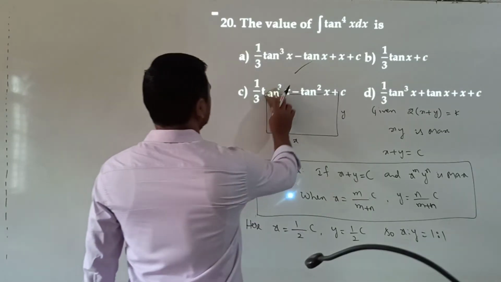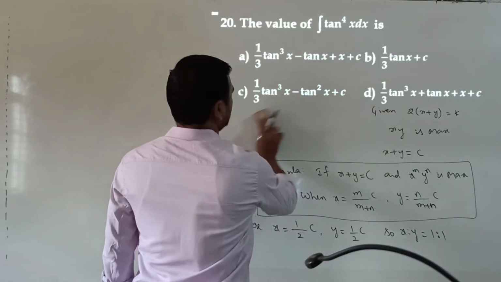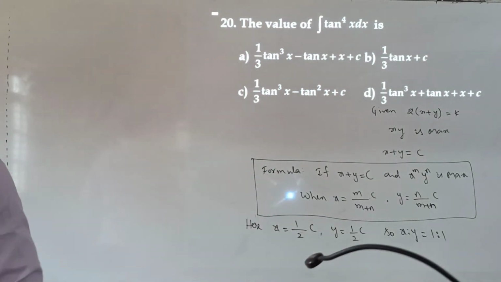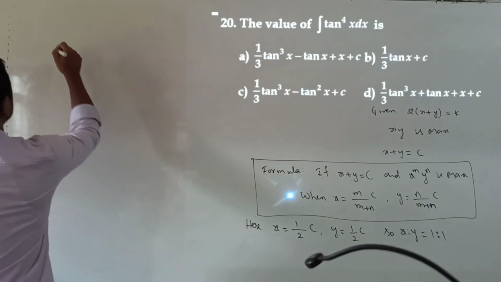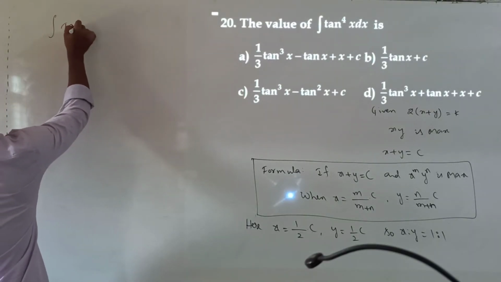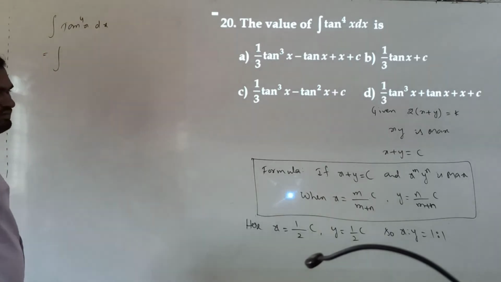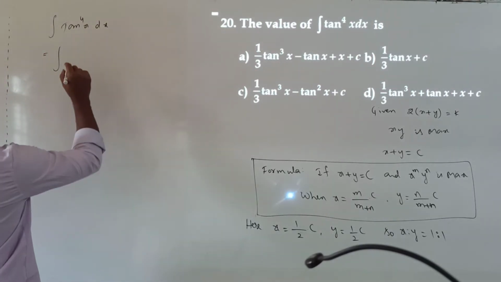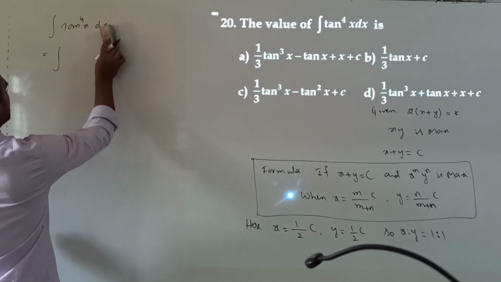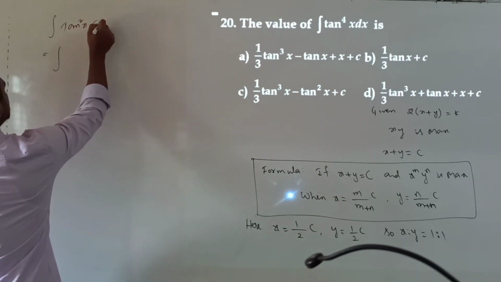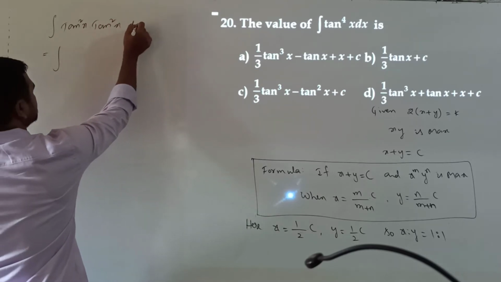The value of the integral of tan power 4x dx is. So to integrate tan power 4x, integral tan power 4x dx. Tan power 4 we can write as tan square into tan square. It is written as tan square x into tan square x dx.